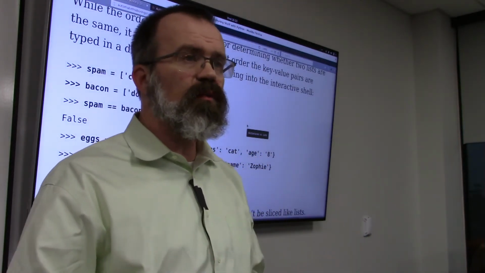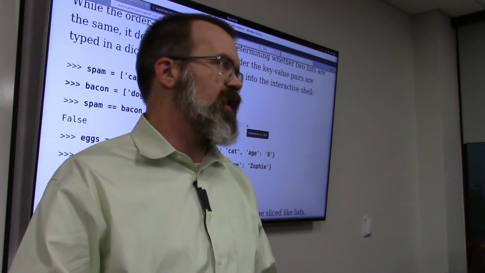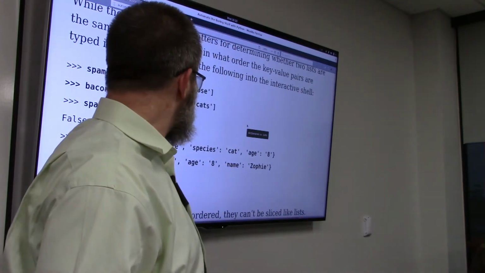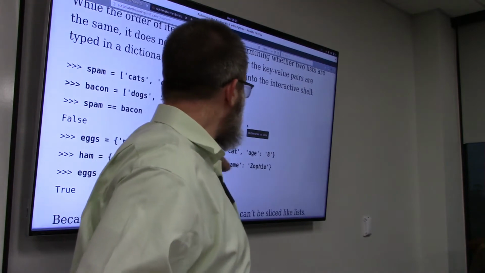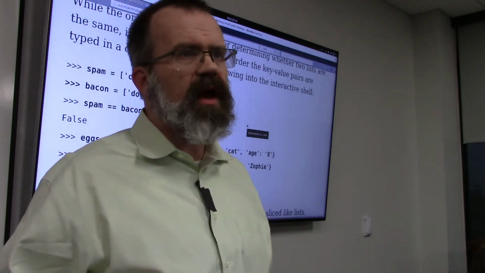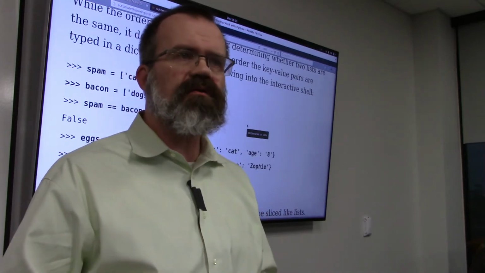Dictionaries, the only way you reference the elements are by their name. So you can't say the first thing in the dictionary and reliably get back any one of these key value items. Now you might get something back, but the point is that dictionaries don't have an ordering.